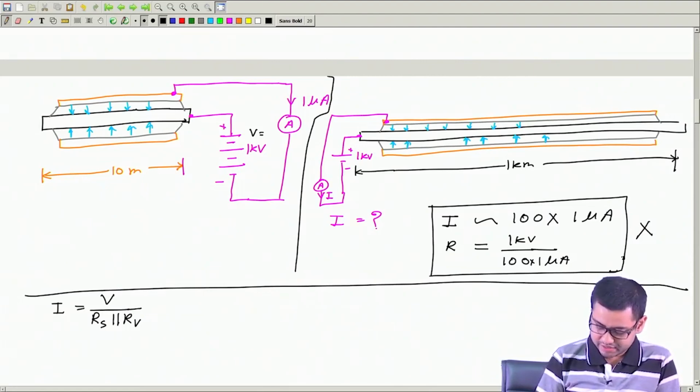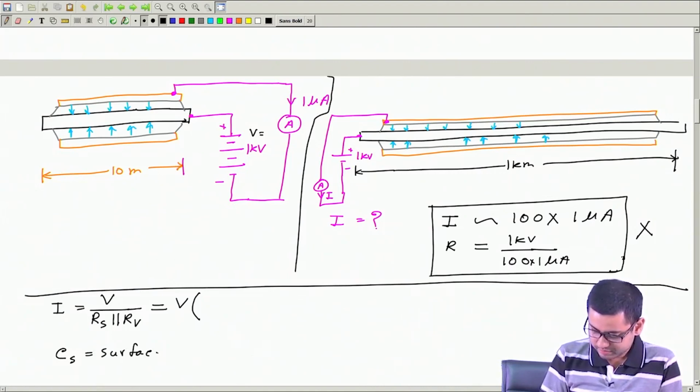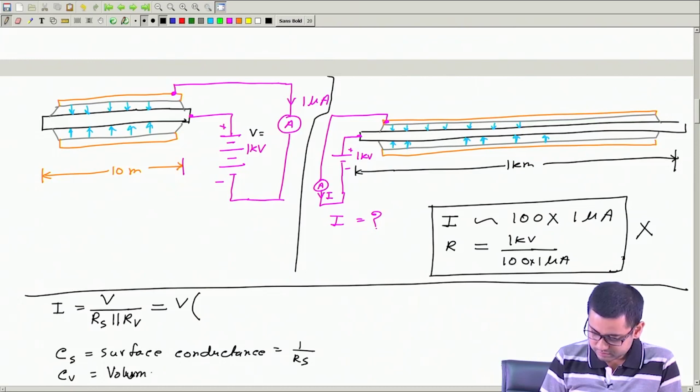And therefore, you can also write this as V multiplied by, so R is resistance, let me call C for conductance, Cs is surface conductance, which is the same as 1 by R s, and Cv is volume conductance, which is 1 by R v.